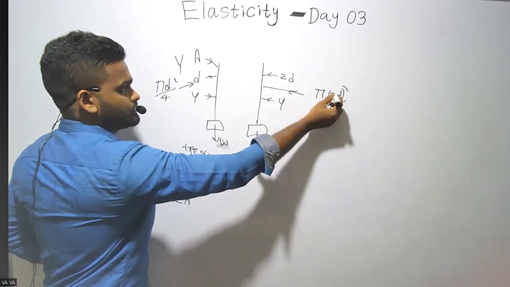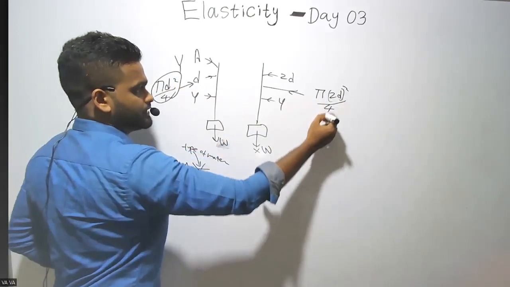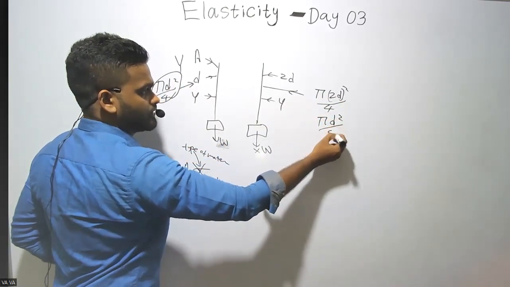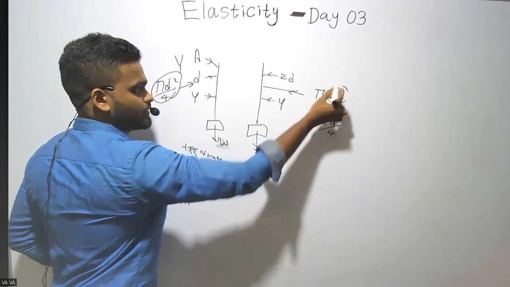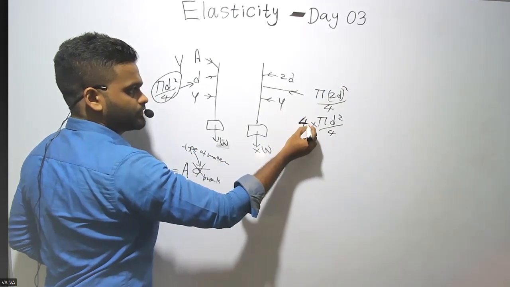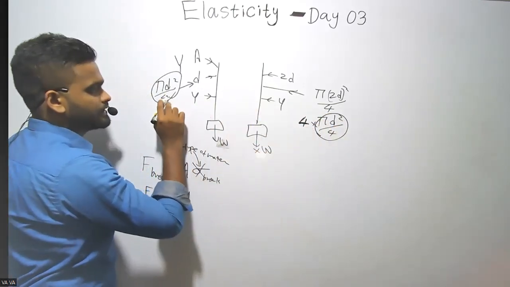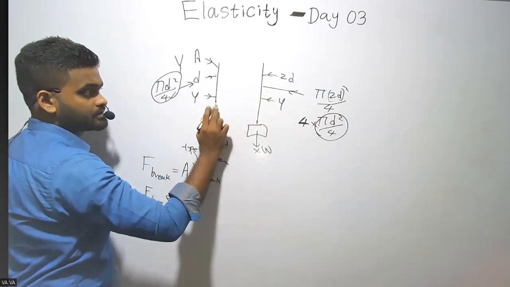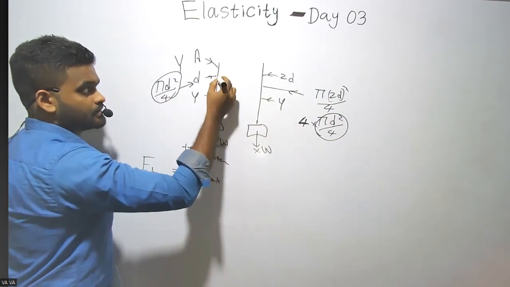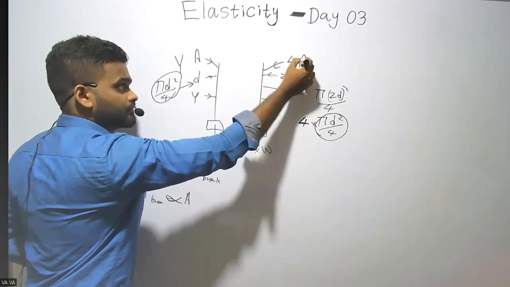Take πd squared over 4 from here. Then in front of it, this 2 gets squared and comes as 4. So when you compare these two, the cross section of the second wire is 4 times the cross section of the first wire. If this cross section is A, here the cross section is 4A.